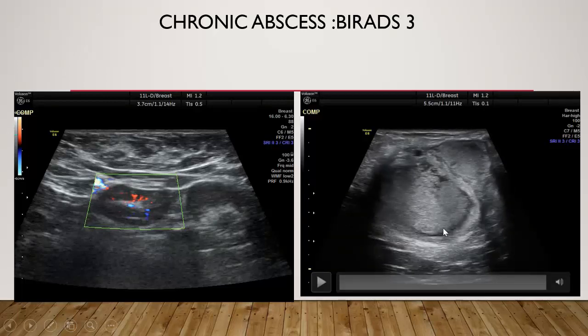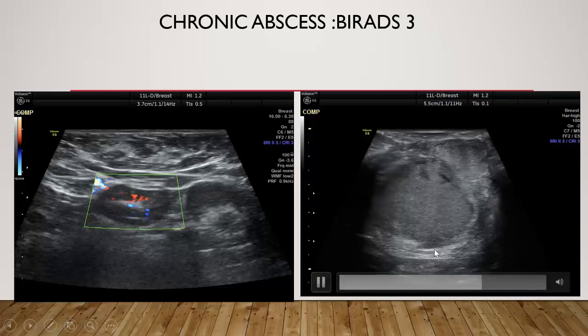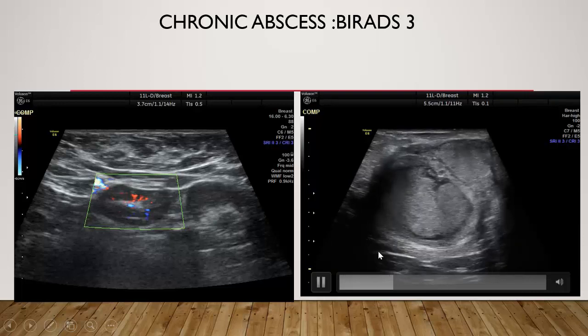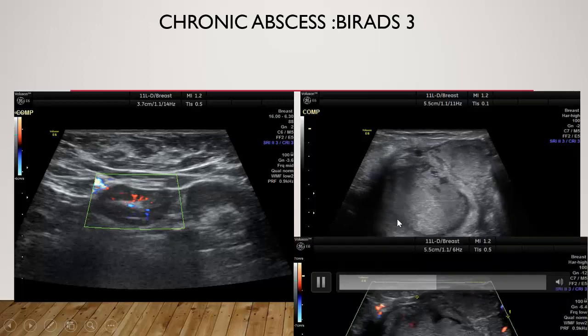Here there is an appearance like a solid component, but it is not solid, it is echogenic debris inside. And there is a wall that you see here, it's not solid, it is a thick wall, so this is a chronic abscess. To be sure, you must put Doppler.